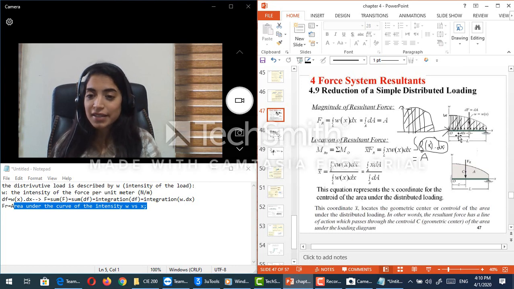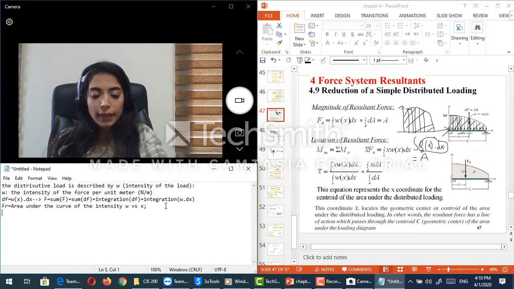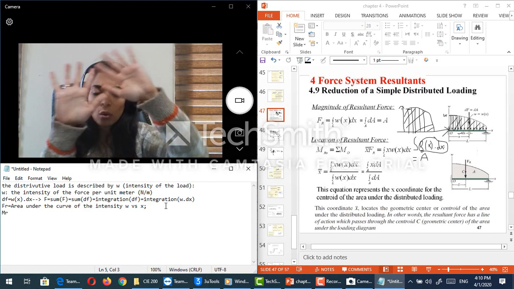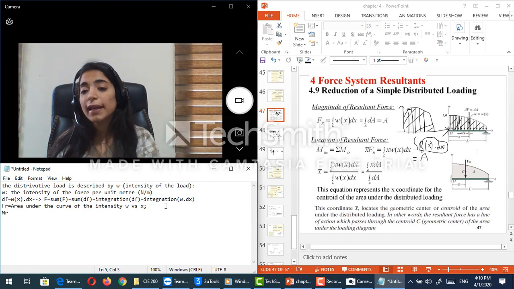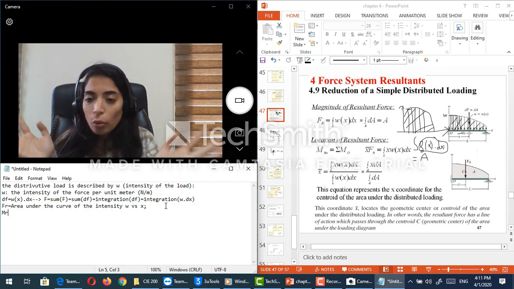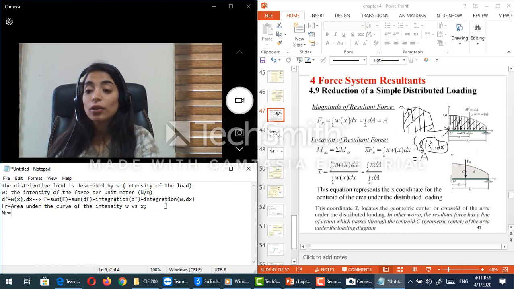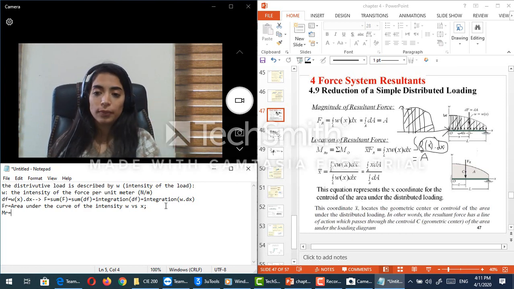Basically, guys, this method is nothing but the method of the resultant moment. I know from the previous part that M resultant, which is the resultant of all the forces on this body, and if there is any external moment, so the resultant moment of all these forces should be equal to the moment of what?